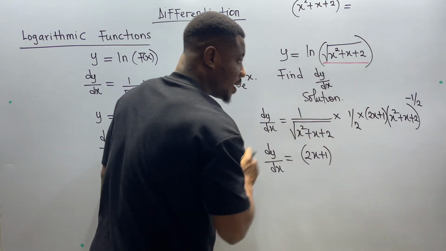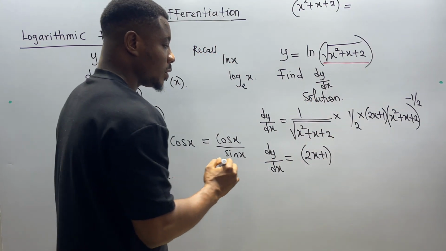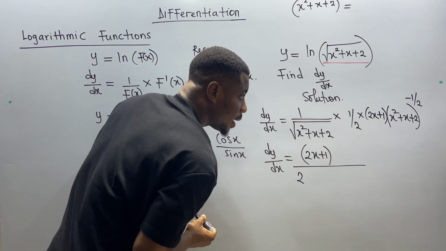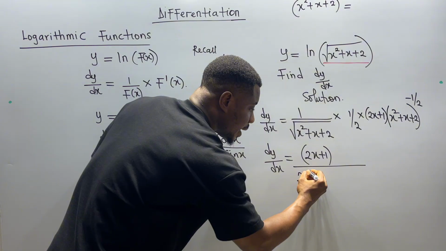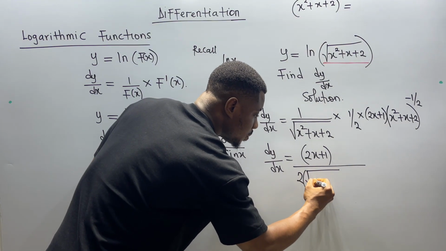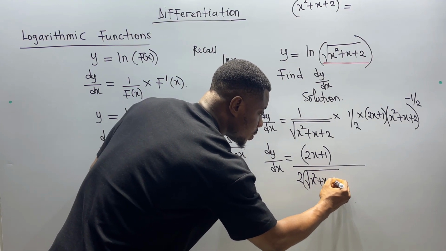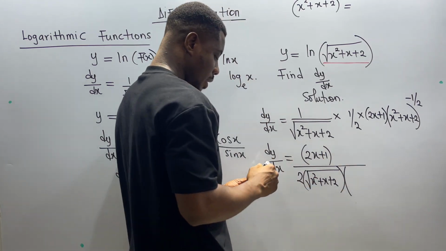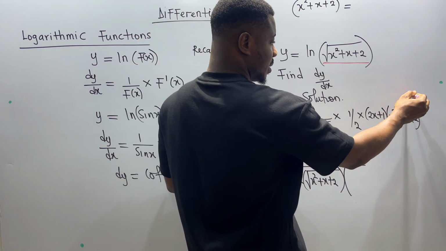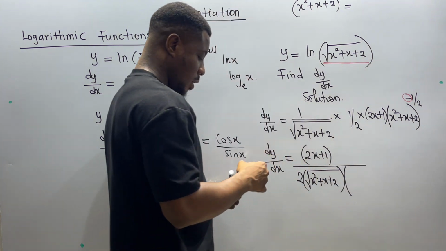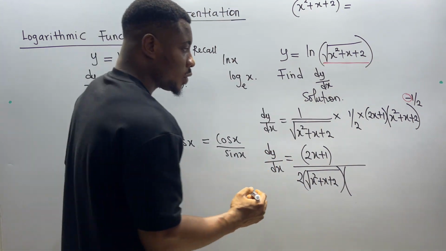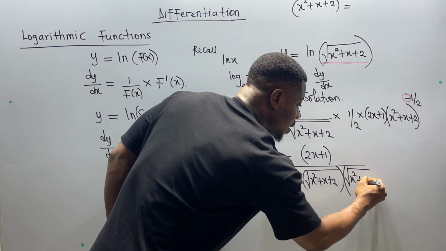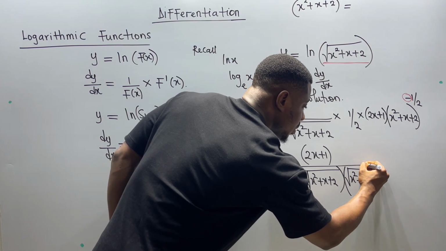Then at the bottom we are left with 2, and we're also left with the square root of x squared plus x plus 2, multiplied by, if this comes down by indices, the power will change to a positive power. So we still have the same thing down: the square root of x squared plus x plus 2.